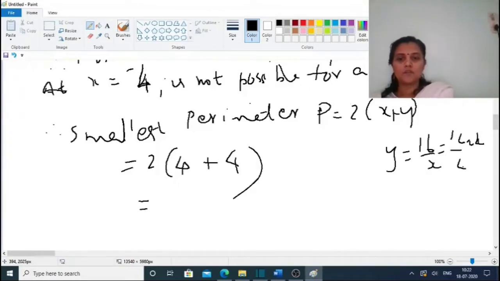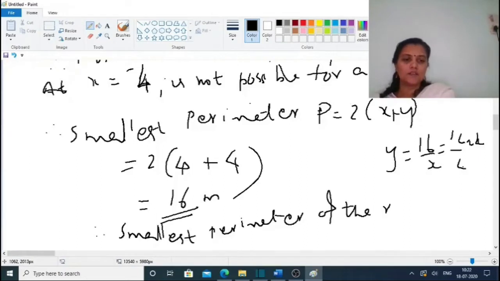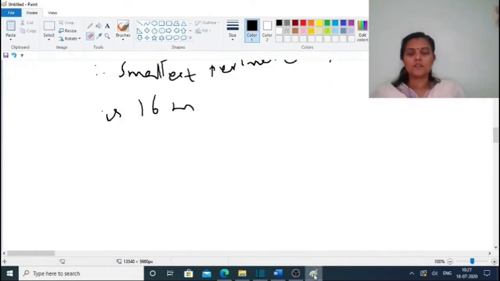So 2 into 4 plus 4 is 8, 8 into 2 is 16 meter. Therefore the smallest perimeter of the rectangle is 16 meter.